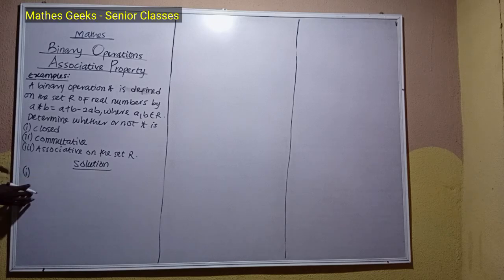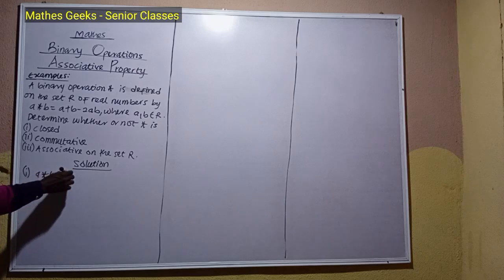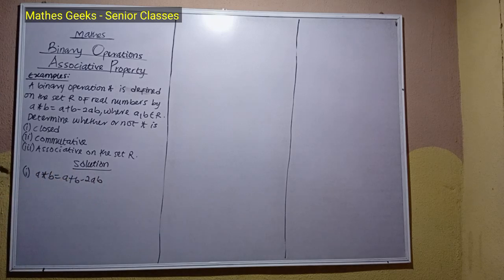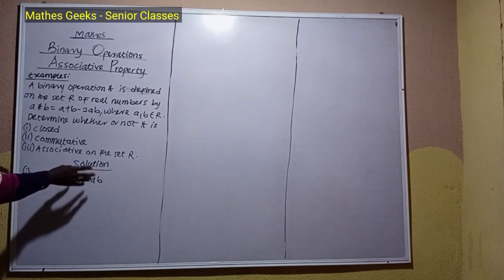Closure property. For closure property, we discover that this binary operation star is defined on the set R of real numbers by A star B equals A plus B minus 2AB. For closure property, it says that we use the rule of combination.